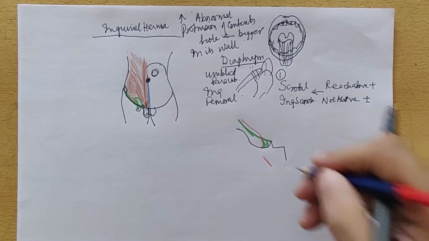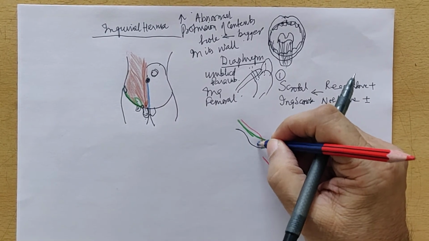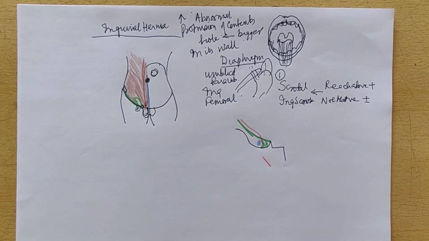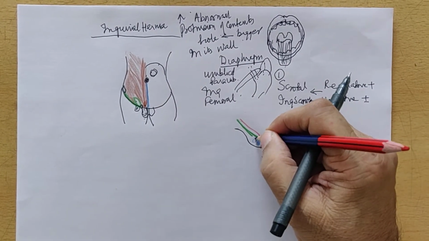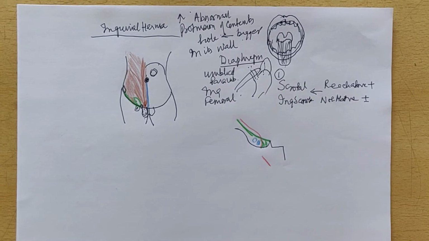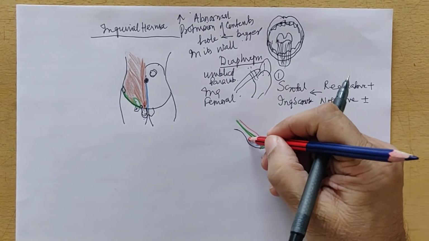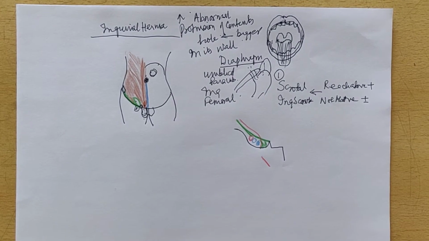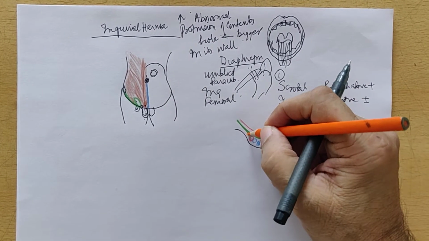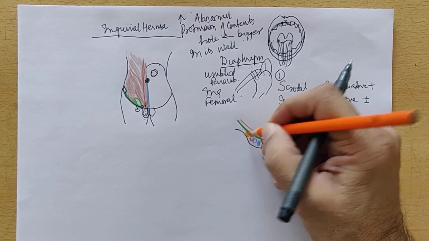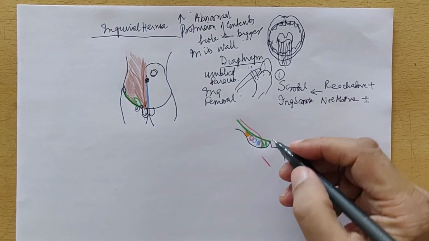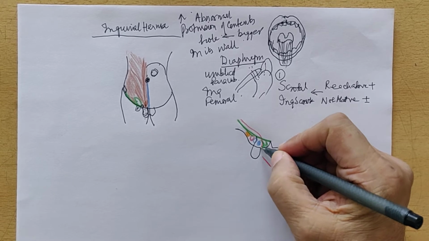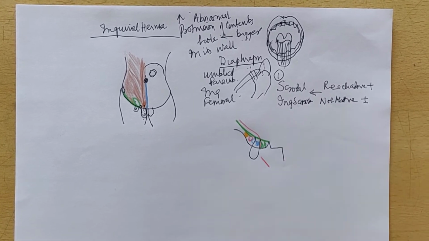Then there is this lymph node of Cloquet, and then there is this vein, artery and nerve. So it is through this canal that there is herniation. So this is the hernial sac and this is the neck.